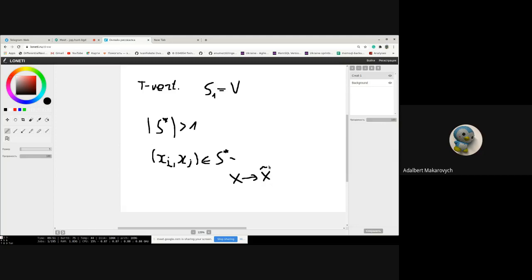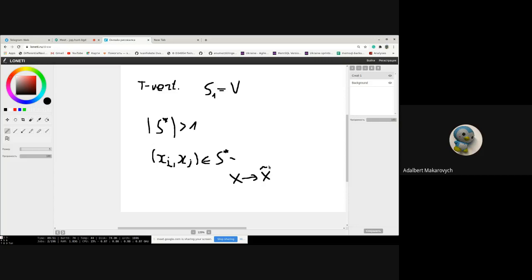And now we'll use a theorem of Gomory and Hu, which I won't be proving today, but you can find its proof in the original paper of Gomory and Hu.